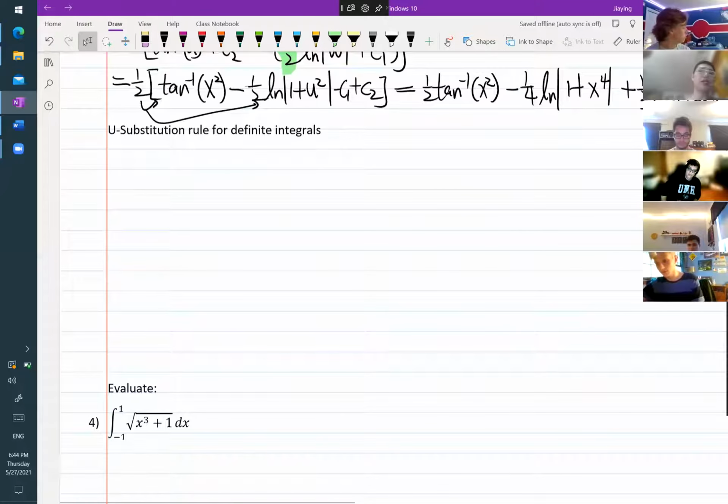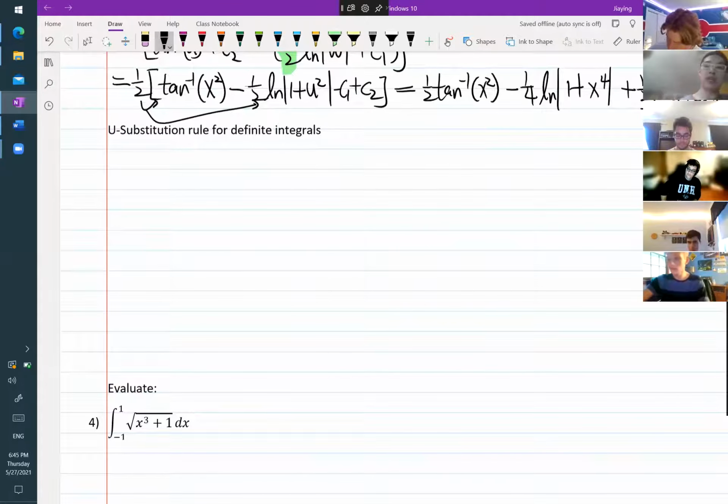All right, the next part is u-substitution, but with definite integrals. You can follow what we did before, but you can also take another approach. So the definition from the book, I'm just going to write it here.